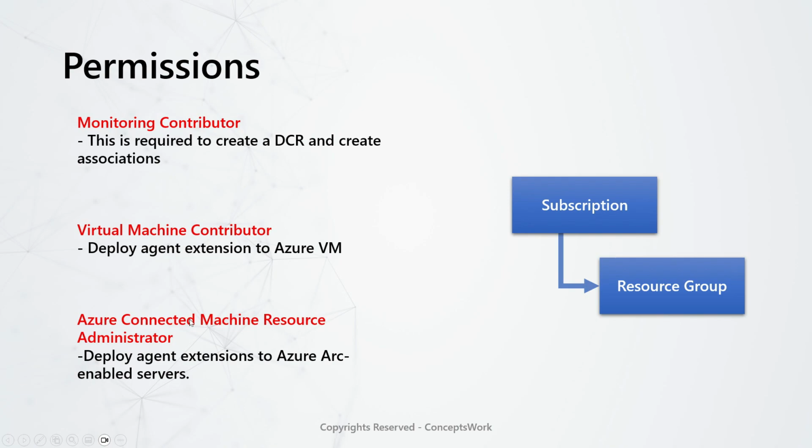Then you have Azure Connected Machine Resource Admin, which is a role more related to Azure Arc. So make sure you have these three permissions, or a role which includes all the permissions in these three roles, and make sure you have it either at the subscription level or the resource group level on which you will be applying all the changes, okay?